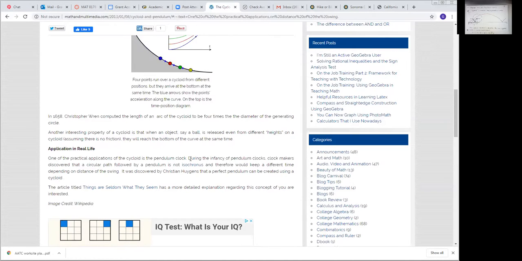But if you developed a pendulum clock that follows the path of a cycloid, then it becomes isochronous, meaning it keeps the same time no matter what the amplitude is of the swing of the pendulum. It's keeping the same time. So a very useful curve, which can also be thought of as the path of a bug squashed on a tire. So kind of an interesting thing how what seems like not a very useful curve actually has some interesting properties.